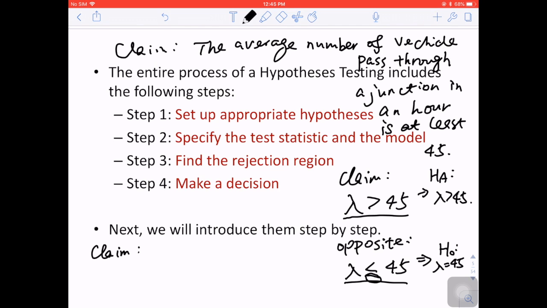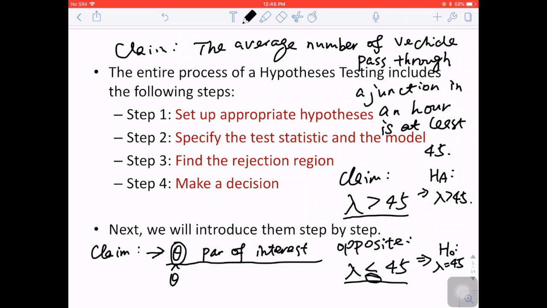In general, we say theta is the parameter of interest, and definitely we can have its corresponding sample statistic, say theta hat. As we discussed before, our claim will focus on the parameter of interest instead of the sample statistic. So we're going to focus on theta.